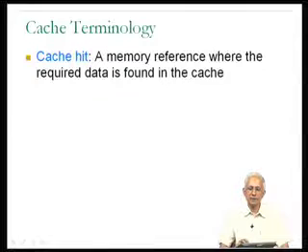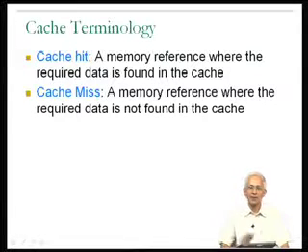In other words, this is a situation where the CPU requests something from memory and the required data or instruction is found in the cache. This is referred to as a cache hit. The alternative, which was case 2 of our example, is what is known as a cache miss. It is a situation where the required data or instruction is not found in the cache. And very clearly, it should be the objective of cache design to try to ensure that the number of cache hits is more than the number of cache misses.